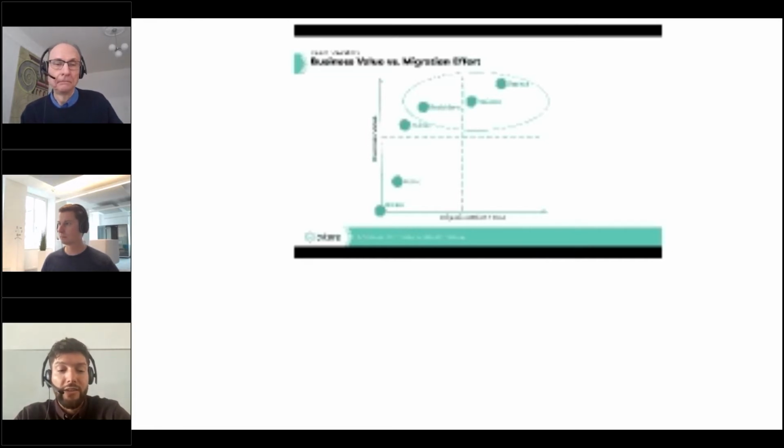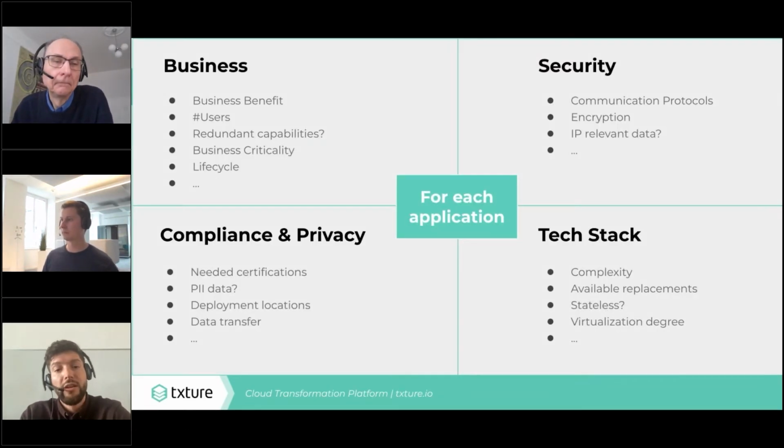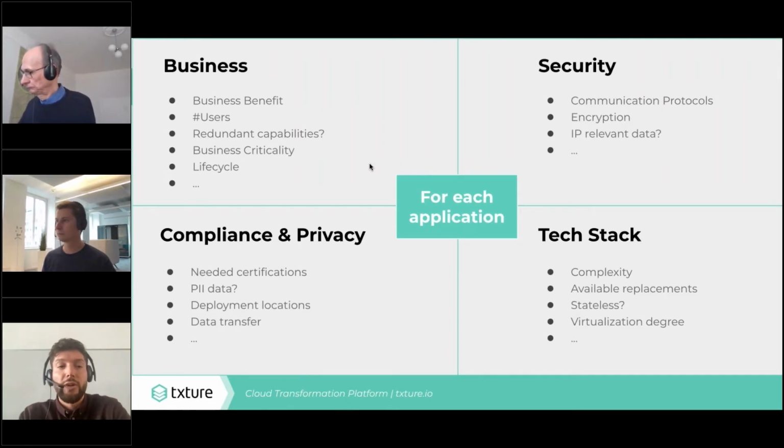Every single application to get one of those R's needs to be assessed, not just on a technical level, and that's something that Texture does really well, or can give you insights on. Every little aspect of an application is not just evaluated on a technical level, if it's actually cloud ready, so to say, but there are also more factors that run into the 6 R migration strategies. There's also a business factor, a compliance factor.